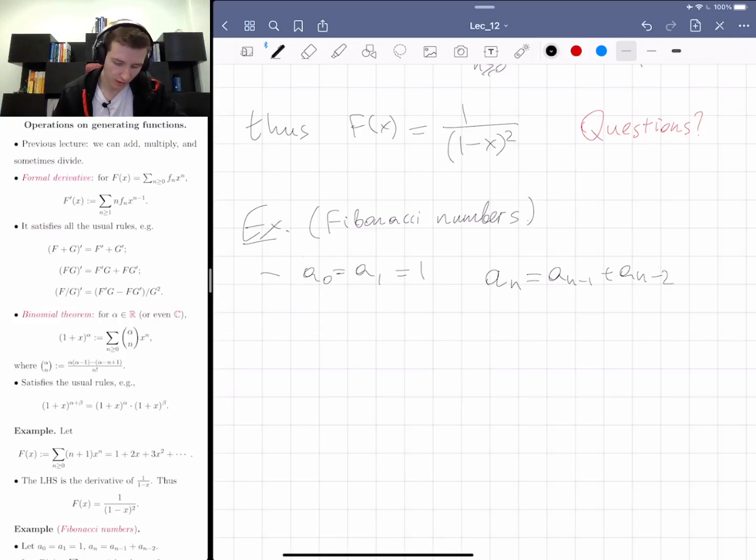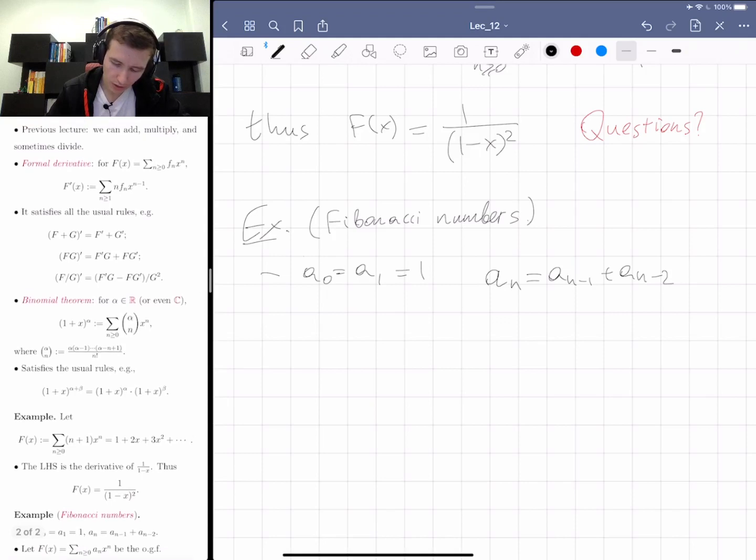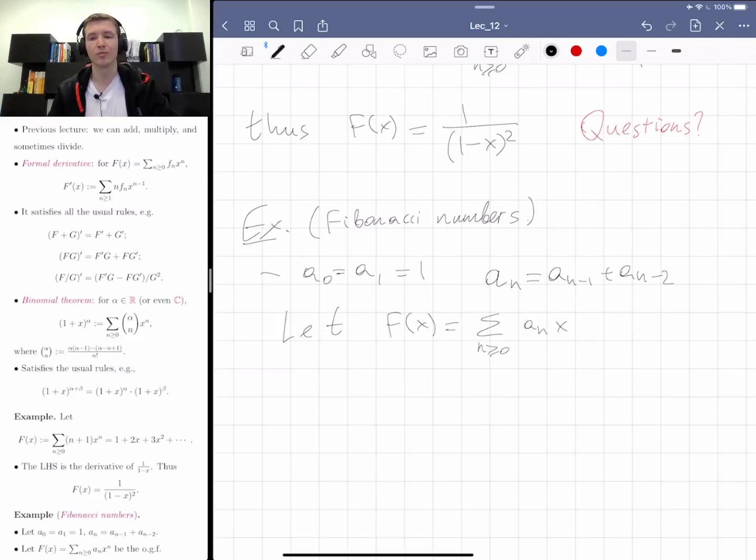So you can consider the ordinary generating function for the Fibonacci numbers. Okay, how do I find a closed formula for the generating function?